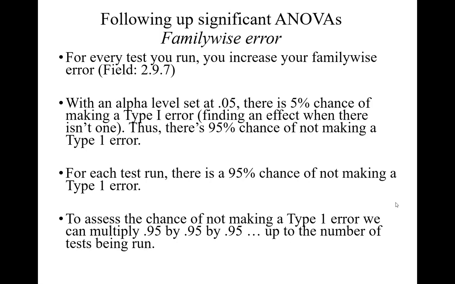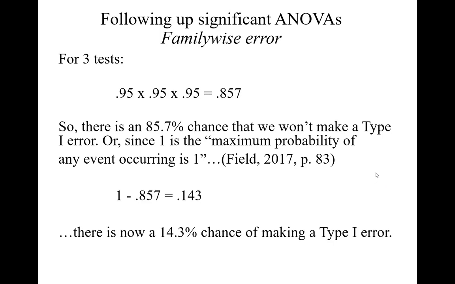And you'll see in a moment how much you have to adjust your analyses. So here we have 0.95 times 0.95 times 0.95. We run 3 t-tests in this case after our ANOVA, and now the chance of us not making a type 1 error has gone from 95% to 85.7%, or 0.857.